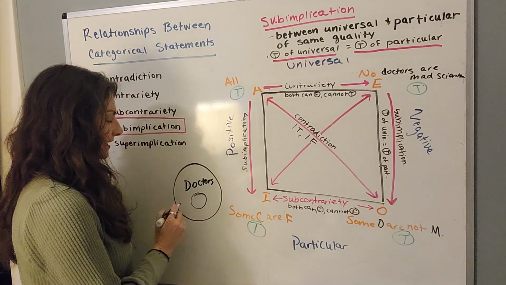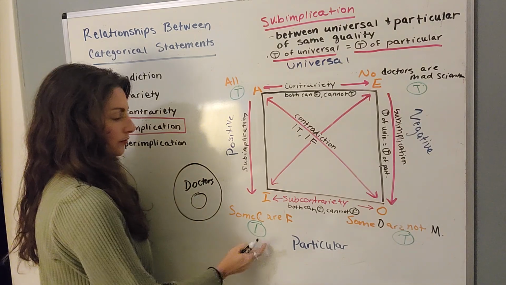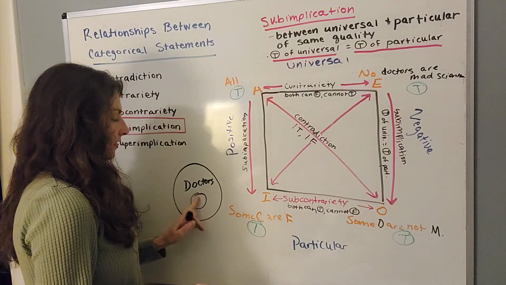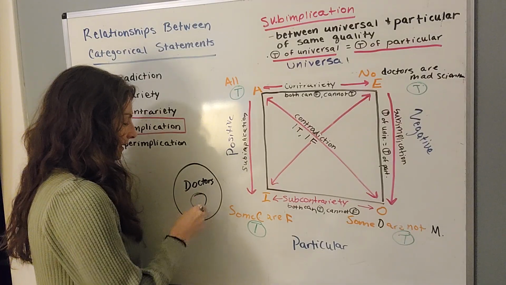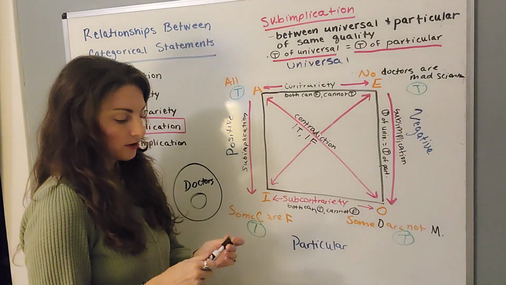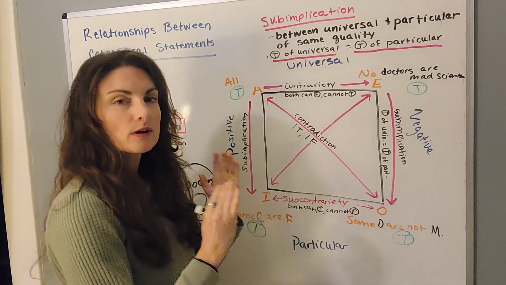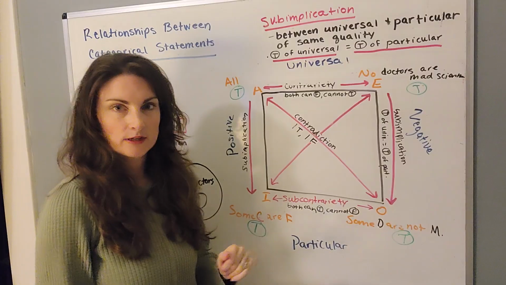We are not saying anything about the group out here when we're looking at some and some are not. Obviously others would still be included in that, but nothing is being said about the rest of them when we look at some. I hope this picture helps us get out of our common conversation way of looking at the word some and into the logic way of looking at it.